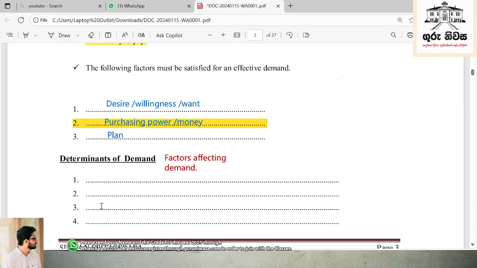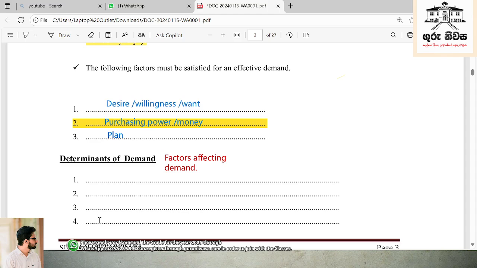If you want to fuel your vehicle, you look at the price. When you go to the shed, you check how much the price is. If the price has doubled, then there's a problem. You might buy a lower quantity. So remember, for any product, the main factor affecting demand is the price of the concerned good.